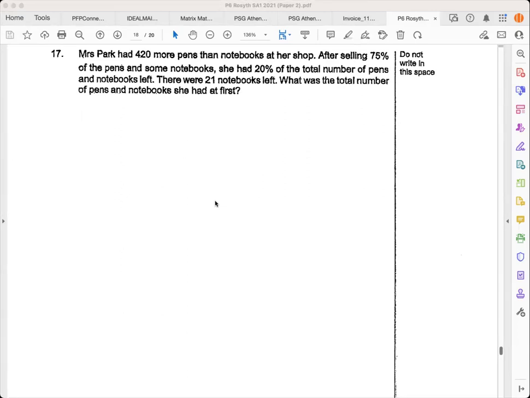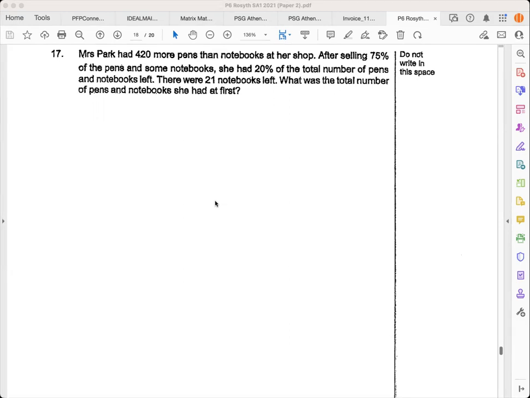After selling 75% of the pens and some notebooks, so she sold 75% of the pens. How many notebooks is sold is still a question mark. Okay, she had 20% of the total number of pens and notebooks left. So finally, she had 20% of what she started off with. What was the total number of pens and notebooks she had at first?